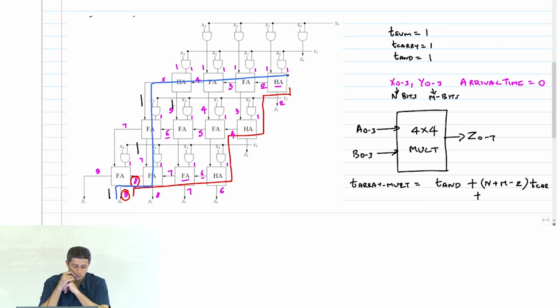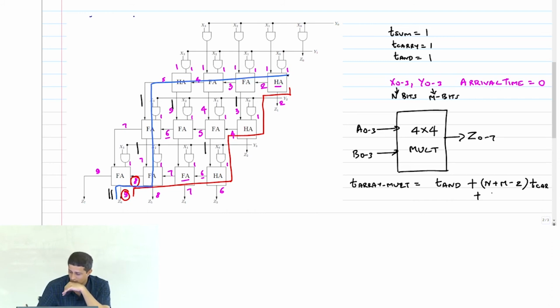One, two, and I would say for 4 bits, it's 3 T sums. You got to go through this guy, and then this guy.